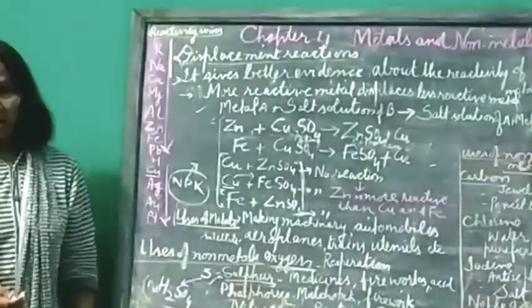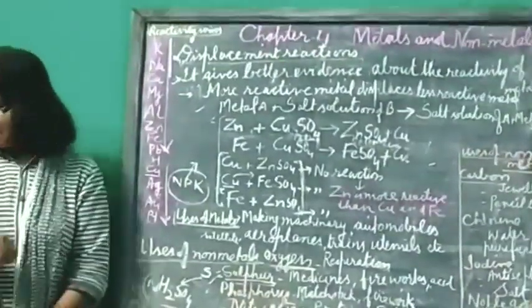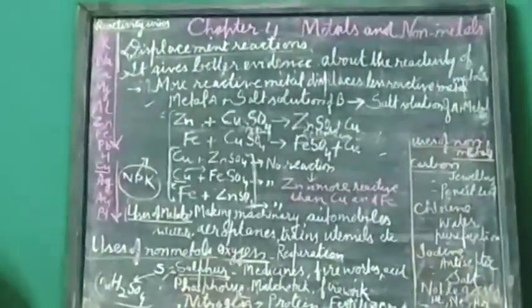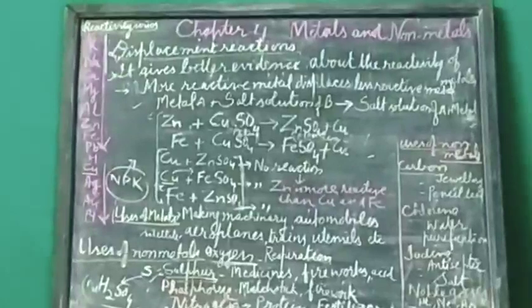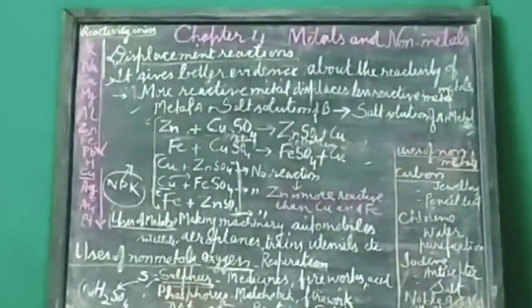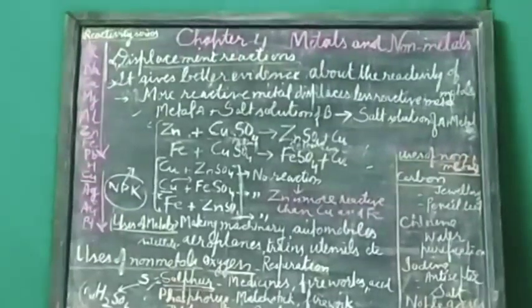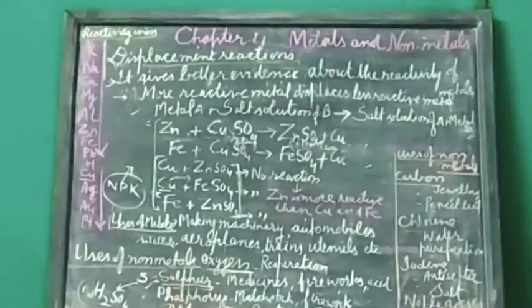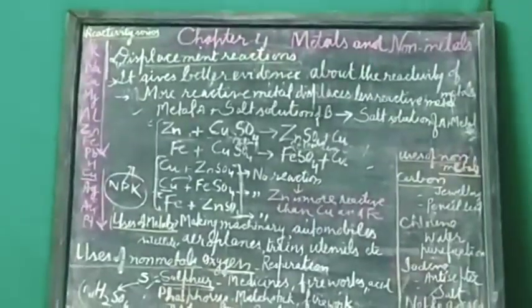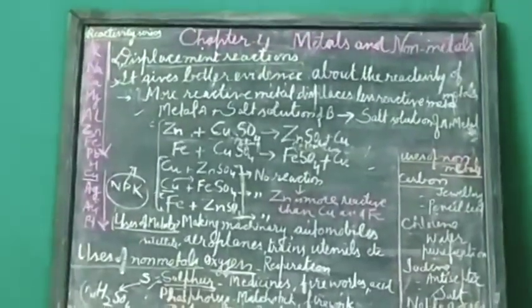Carbon means coal. Now what is coal used for? Everyone knows, it is used for burning. It is also used as a fuel. And powdered graphite is used as a dry lubricant. And diamond, a gemstone, is used in jewelry and also in cutting rocks and glasses.